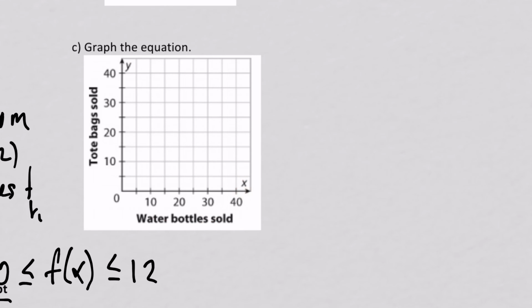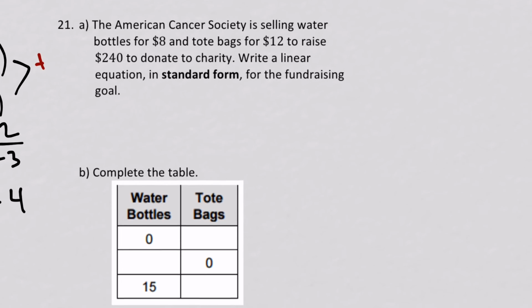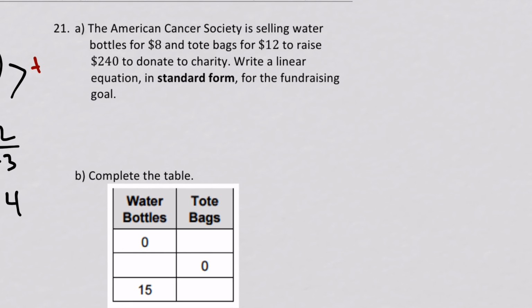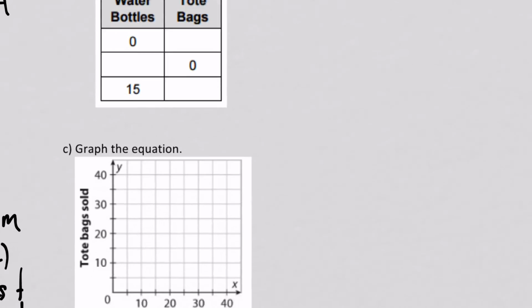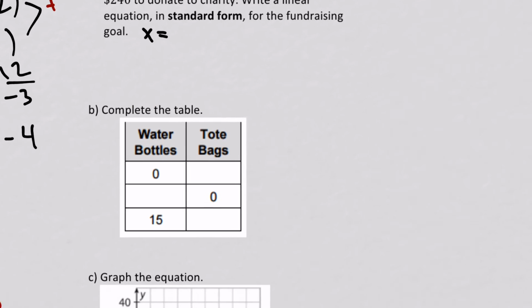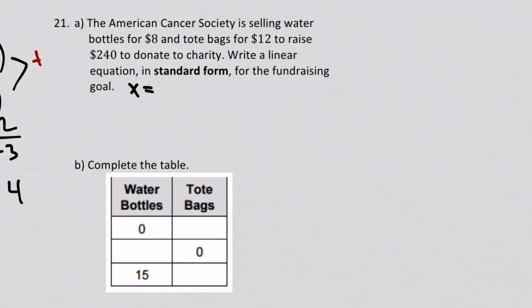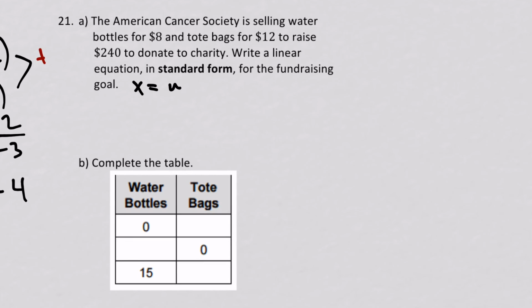So x will be the number of water bottles and y will be the number of tote bags. Let's write that down so that I don't forget. x will be the number of water bottles sold. And y will be the number of tote bags sold.